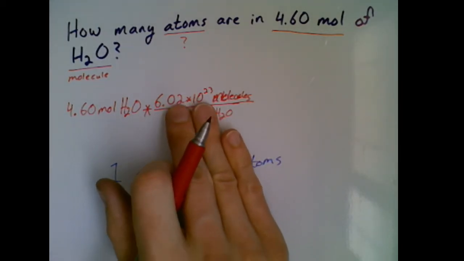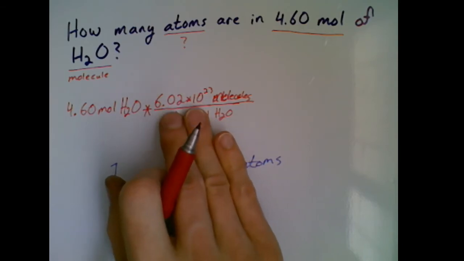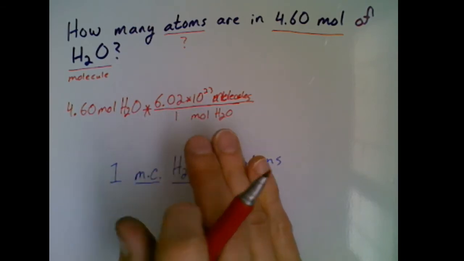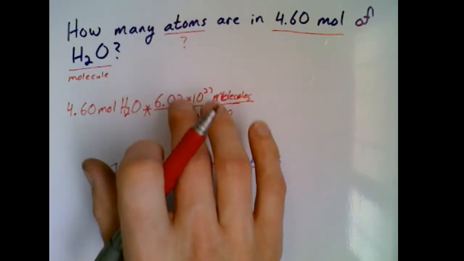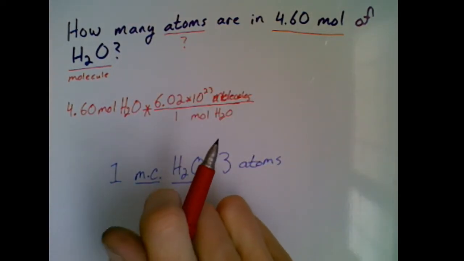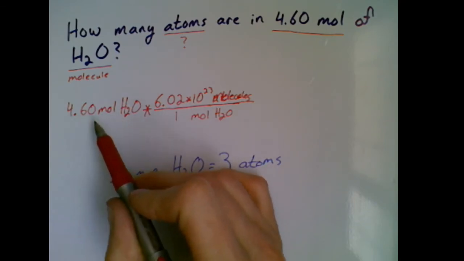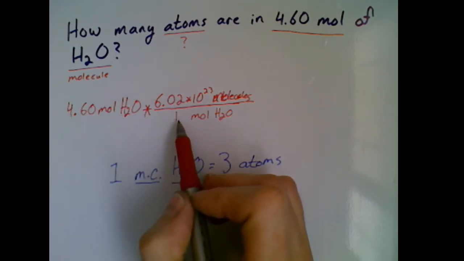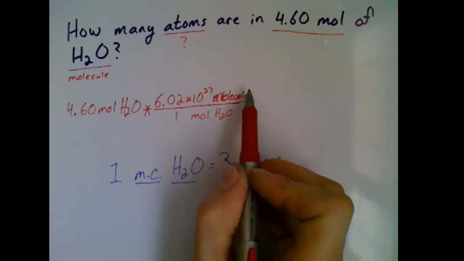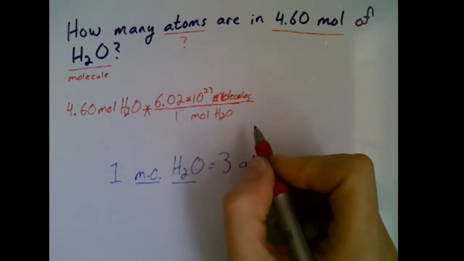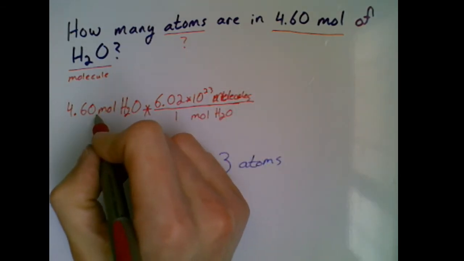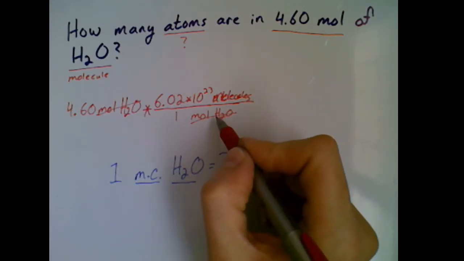A mole can be for any substance, any object, but we're using it for chemistry. So we're usually talking about atoms, molecules, those kinds of things. Since I'm dealing with moles of H2O, I don't find the atoms right away. I find the molecules of H2O. But then that's going to get rid of moles of H2O for me.